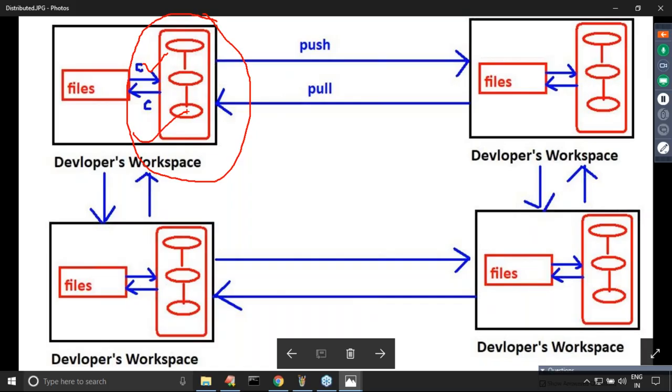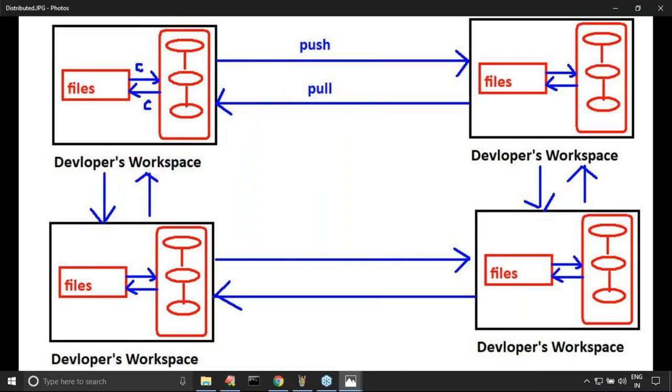Performance is better because all version control operations, commit and checkout, happen locally. A network is not required always. Only when we perform push and pull operations must a network be available. Remember that. This is the distributed model.